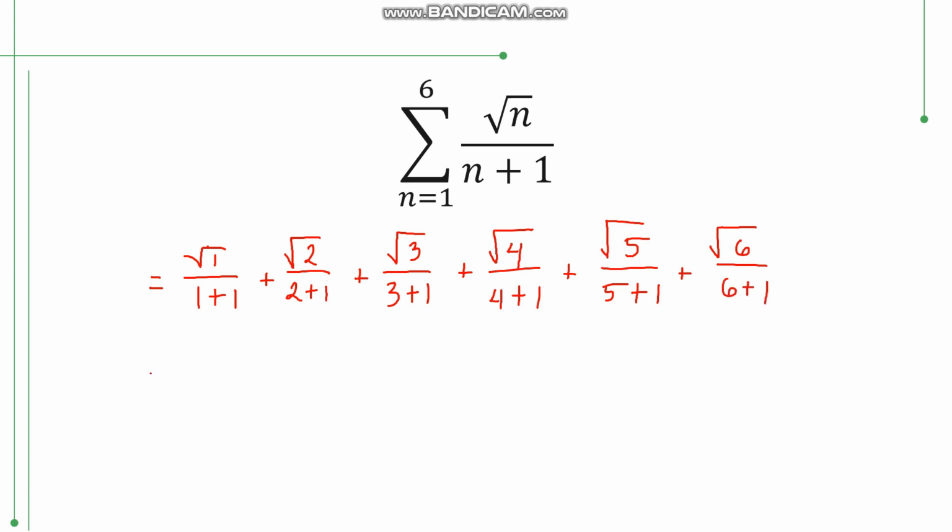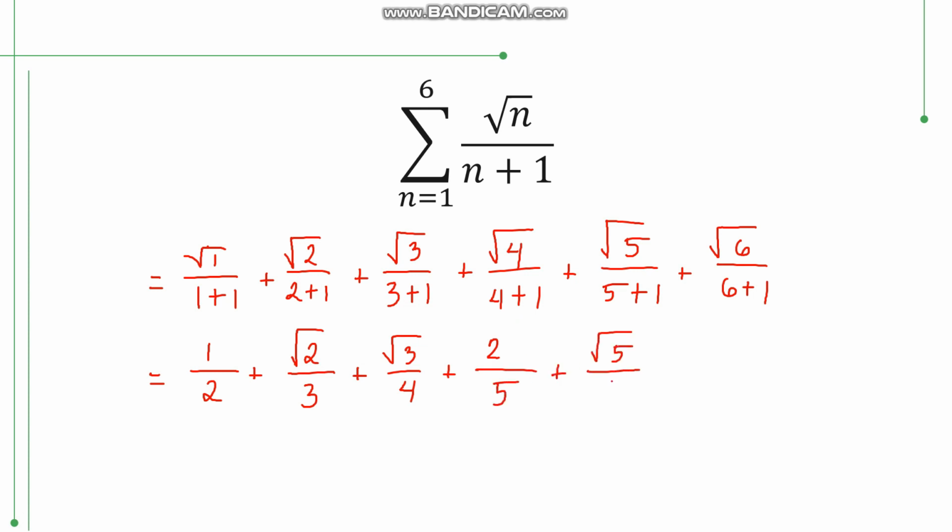And then let's simplify each term. Square root of 1 is just 1, over 2, plus square root of 2 over 2 plus 1 is 3, plus square root of 3 over 4. For square root of 4, that can be 2; 4 plus 1 is 5. Square root of 5 over 6.